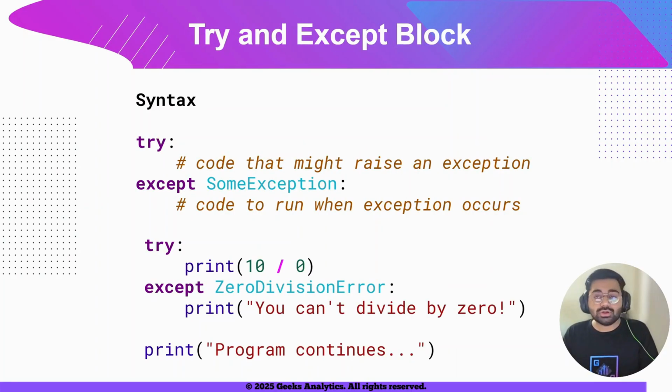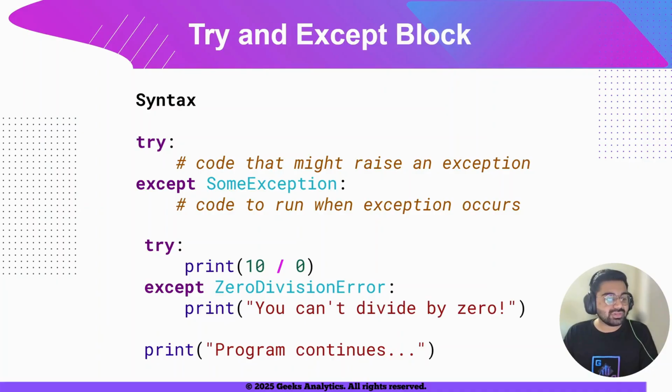So to handle this kind of crashes that occur during the code execution, Python gives us the try and except block. So inside the try, we write the code that might have some issues in it, and the except block would be written with whenever an exception occurs, what code to run during that particular exception.